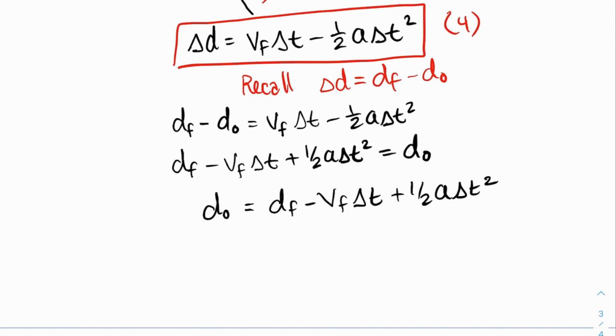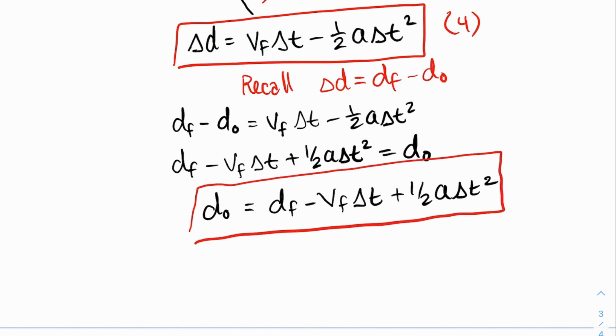Now this to me is more beautiful, maybe not so easy to remember, but both are equally as valid. And this is just equation 4 in its alternate form, so we could call it 4 prime. But generally, you're always going to see it written as equation 4 in this way.